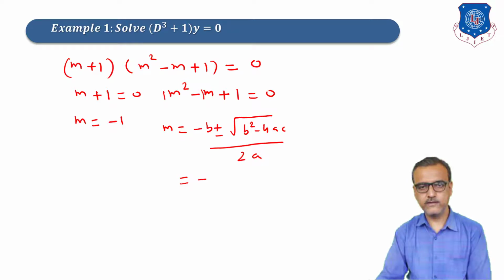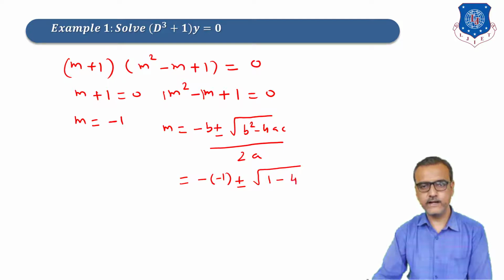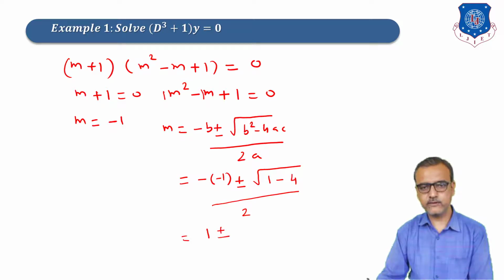Now the minus sign will be as it is, replacing b by minus 1, plus minus square root of b square. b is minus 1 and its square is 1. Then minus 4ac: replacing a and c by 1 and multiplying by 4, we get 4, and divided by 2a, replacing a by 1, we get 2. So we have minus minus, that is plus 1, plus minus square root of 1 minus 4, that is minus 3.